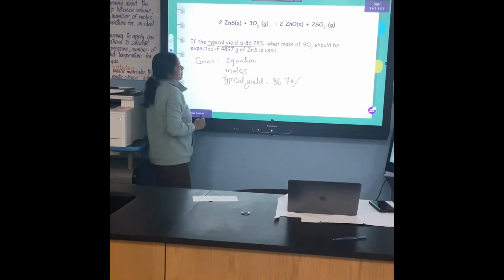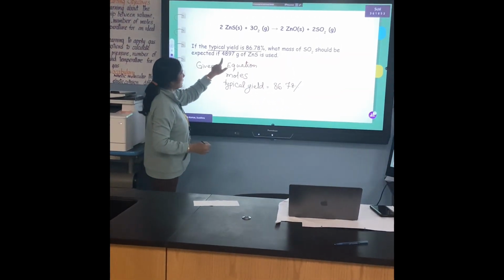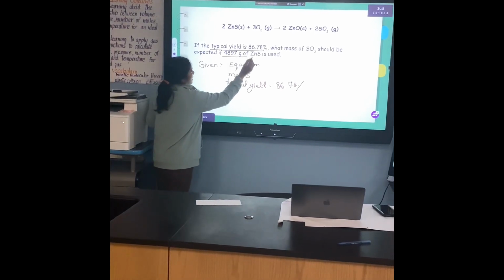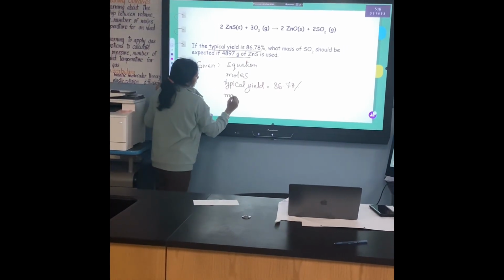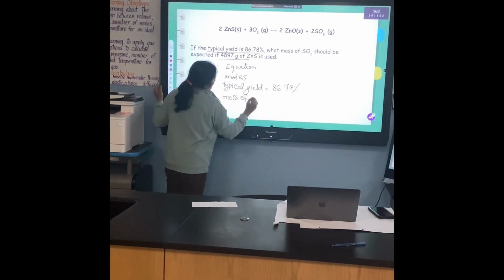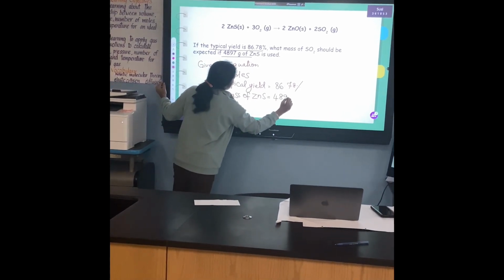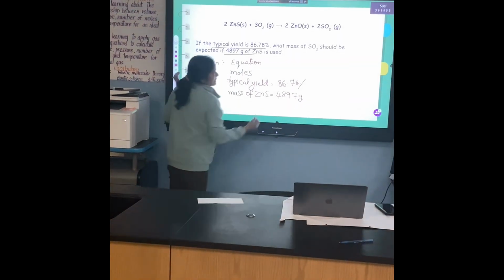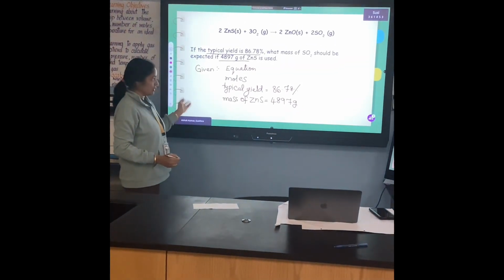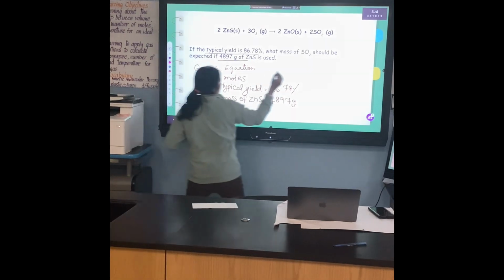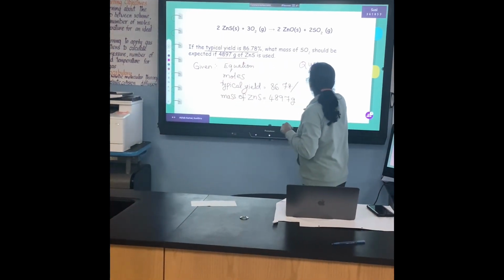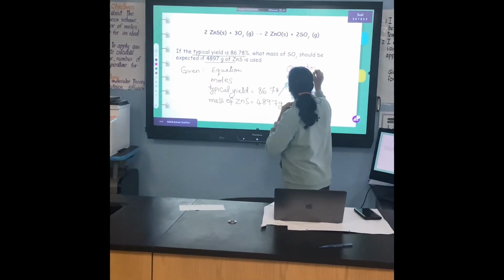And then here there is another one, the mass of zinc sulfide is given, that is 4,897 grams. Okay, this is given. Now we will go to the question. So what is being asked here?